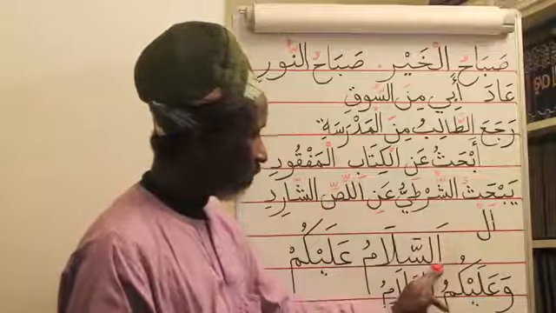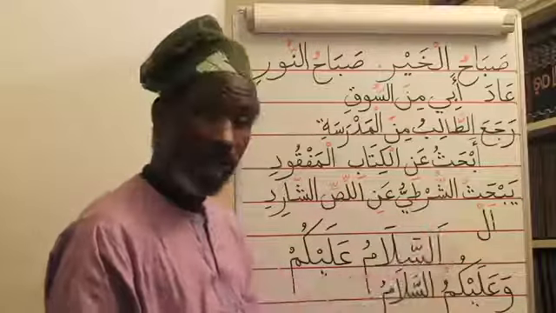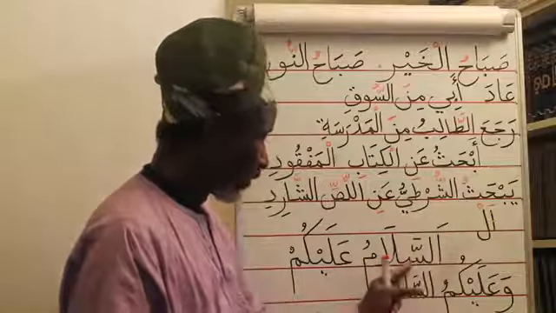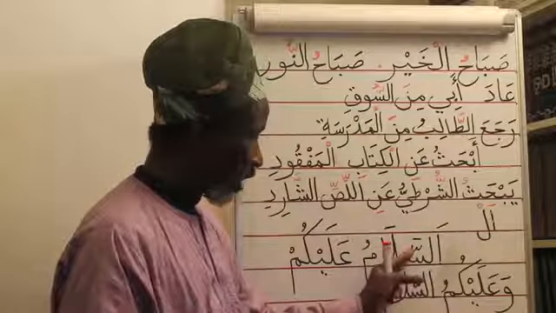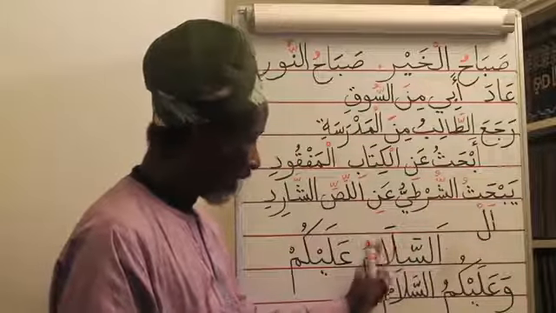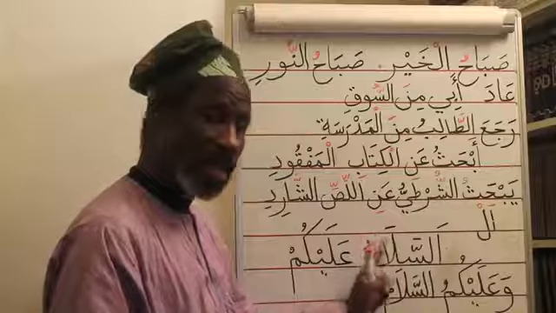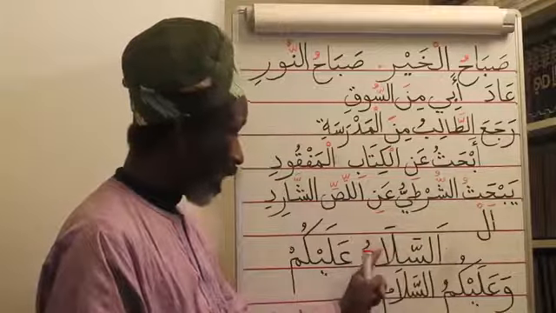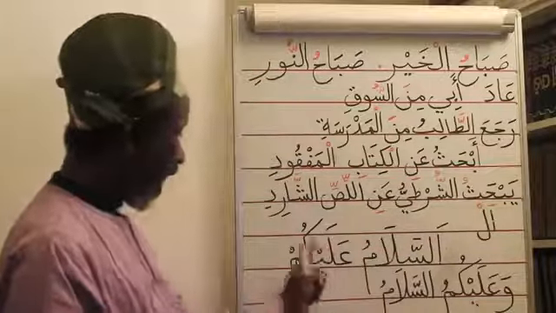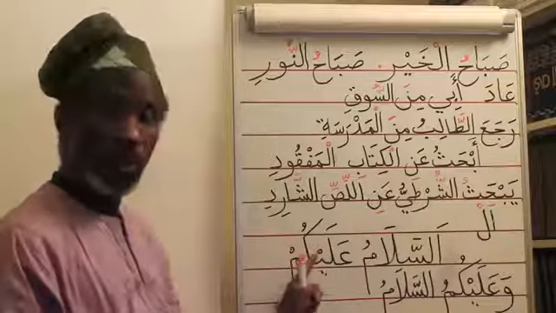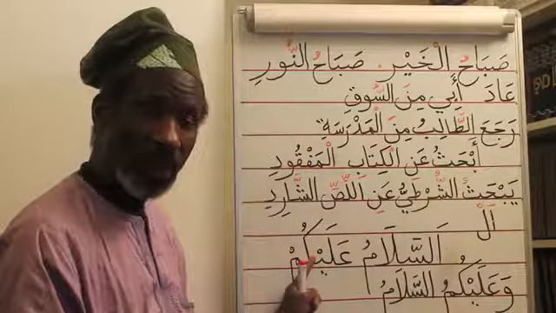If you analyze this, that's your fatha, sin is your sun letter, that's shadda. Lam, you have extension there, that's your lengthening, as-salamu. Alay, that's here with sukun, which is the I sound. You learn that.